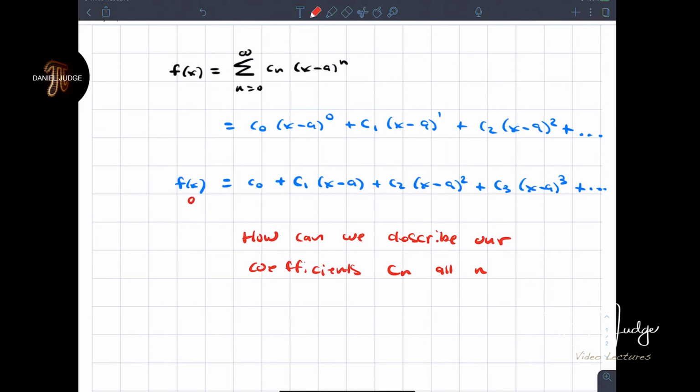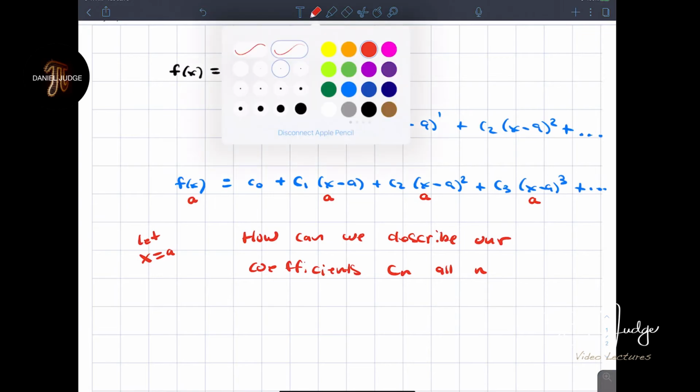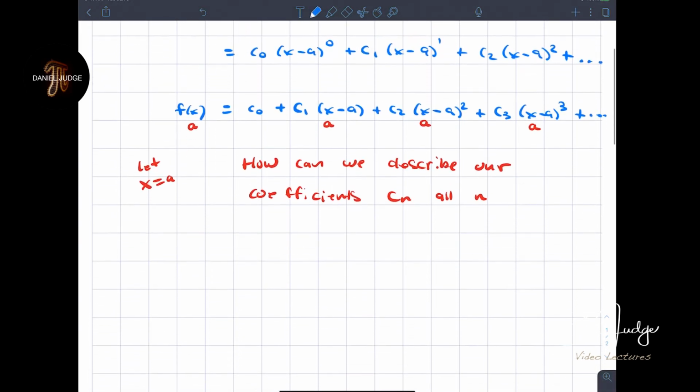If we replace x with a, or let x be a, we get a power series expansion, or we should say we get a hint. That means f of a, remember, we're going to put in an a everywhere. What that means now is that this term is 0.